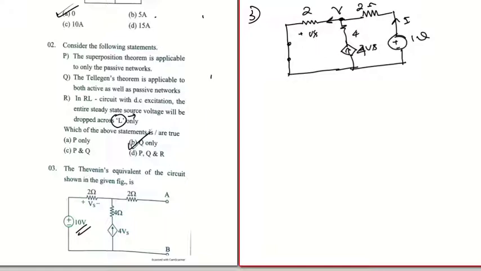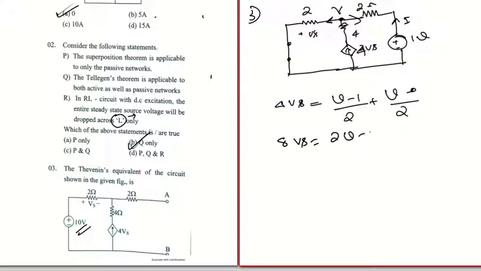Write the node equation: the current coming towards the junction is equal to the current going away from the junction. The current coming towards the junction is our 4 Vs, and the other one we can take as outside. So (V minus 1) divided by 2 plus V divided by 2. From here we have to find out V and Vs. So we will get 8 Vs equal to 2V minus 1.